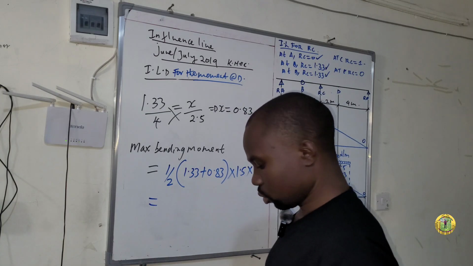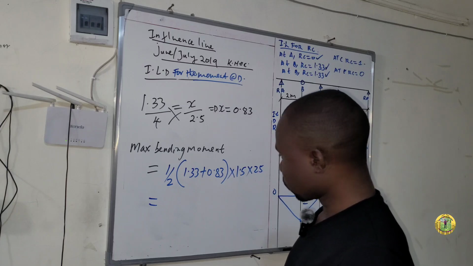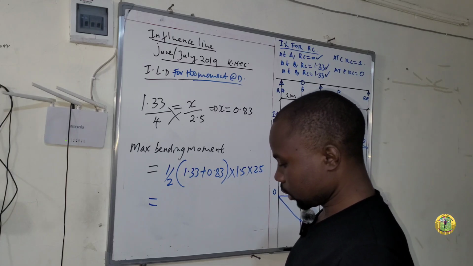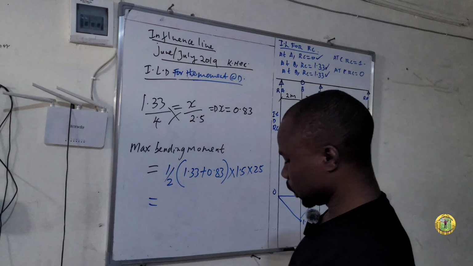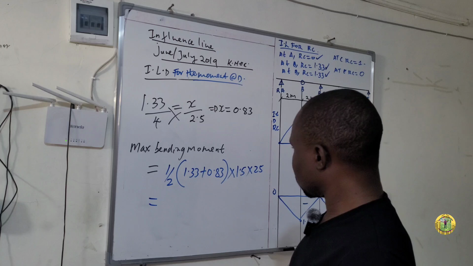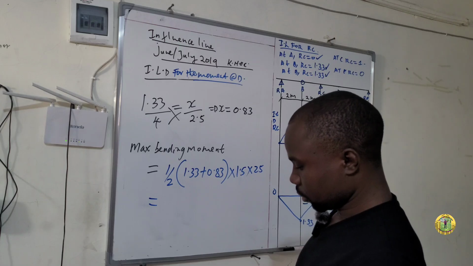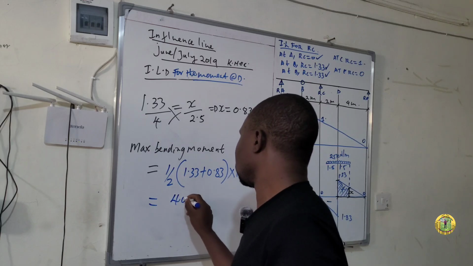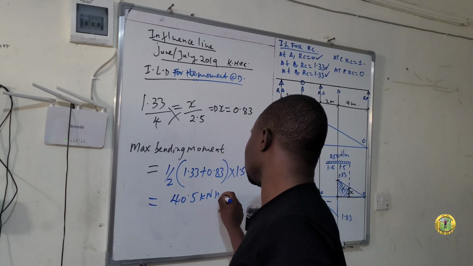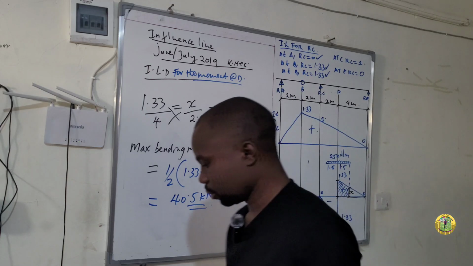So this one is equal to 0.5 times 1.33 plus 0.83 times 1.5 times 25. So this one is equal to 40.5 kilonewton meter. And that marks the end of this question.